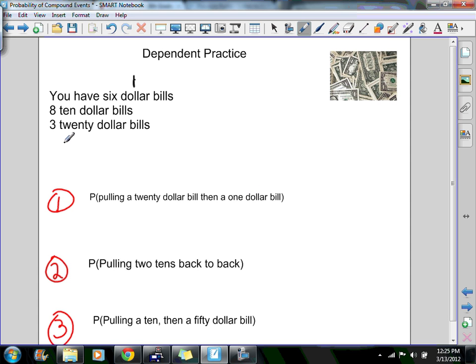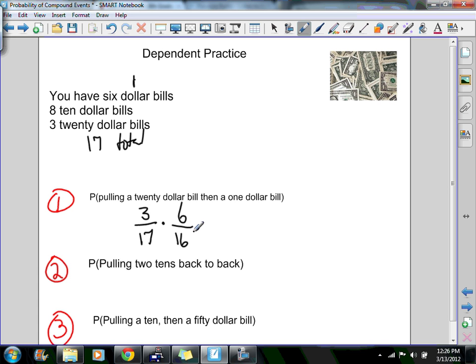Well, the $20 is 3, and I know that there are 17 total here. So I'm going to go 3 out of 17, and I'm going to multiply that by the $1 bill, which now there are not 17 anymore. There are 16 because I left one out, and there are 6 $1 bills.